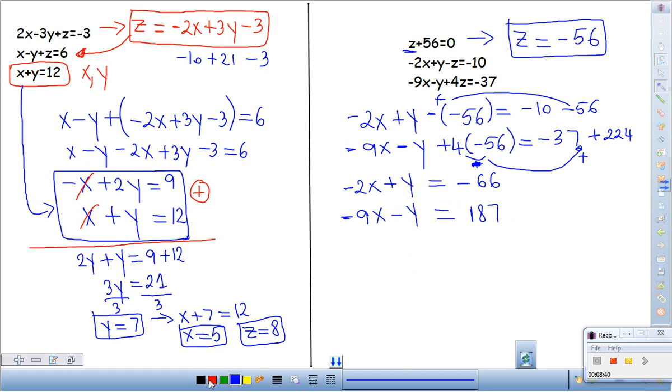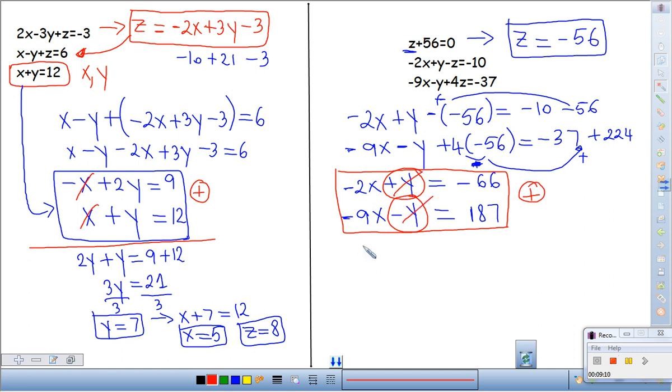Again, I'm hoping that by looking at the 2 equations you notice that the best method to use is elimination. The y's both have the same coefficient 1, and they have opposite signs, one positive and one negative, which means that in order to eliminate the y's, we have to add the 2 equations.